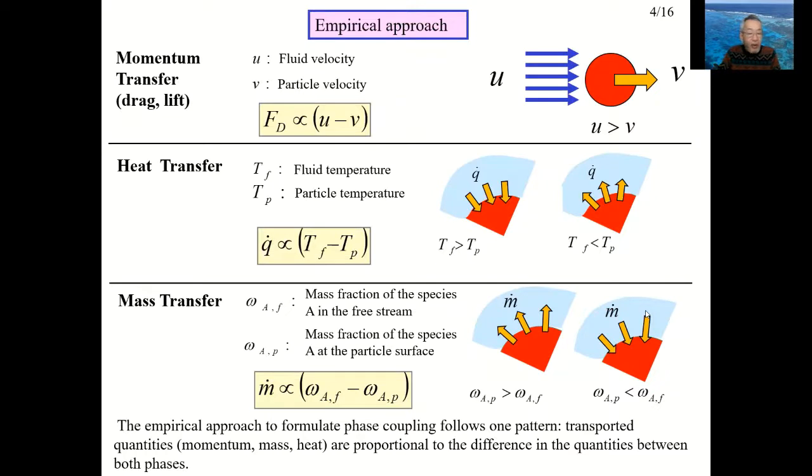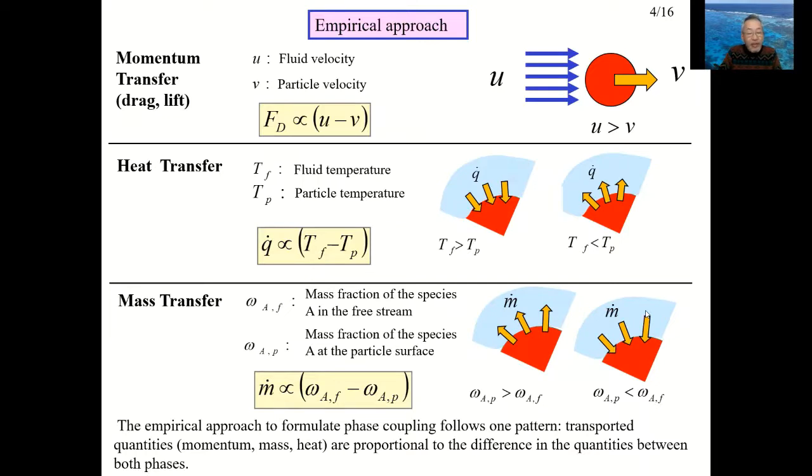The formulation of the three transfers follows the same pattern, as shown by the three yellow frames in this slide. Transported quantities such as momentum, heat, and mass are proportional to the difference in the quantities between two substances.